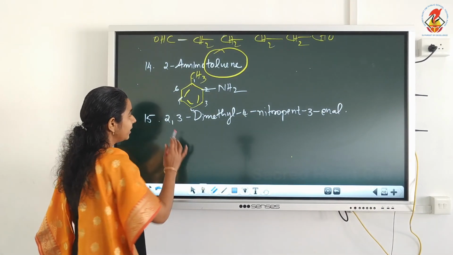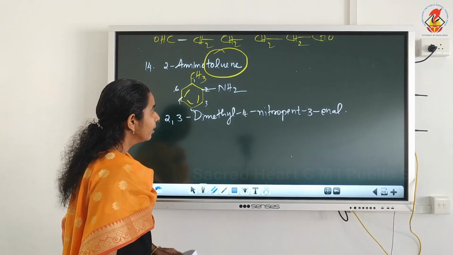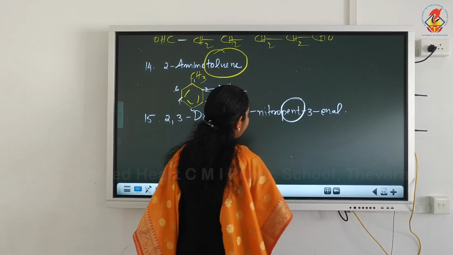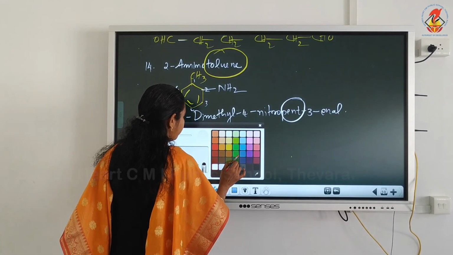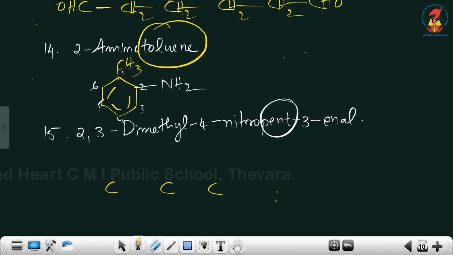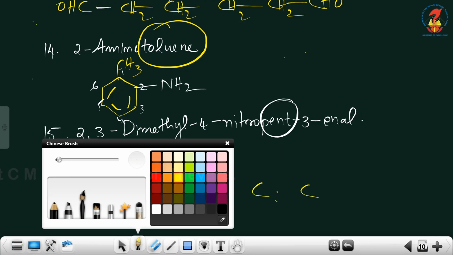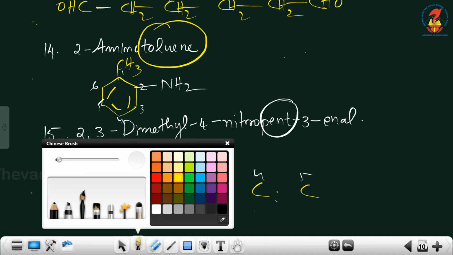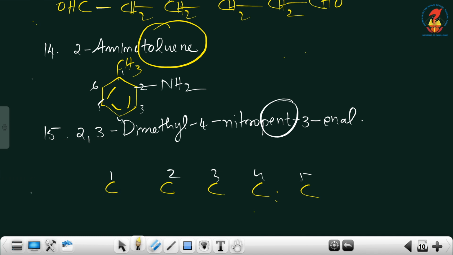And the last question, 2,3-dimethyl-4-nitropent-3-enal. So the word root is pent. So draw 5 carbon atoms. Give continuous numbers as 1, 2, 3, 4, 5. Now write the suffixes first. Pent-3-ene means between 3 and 4 there is a double bond.